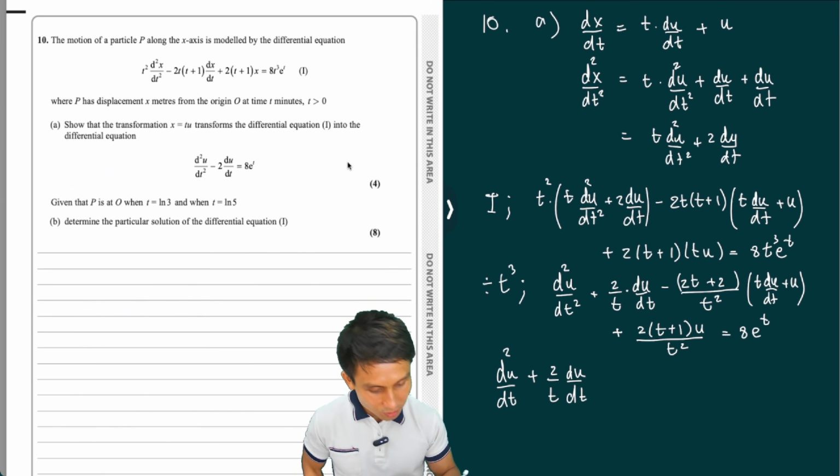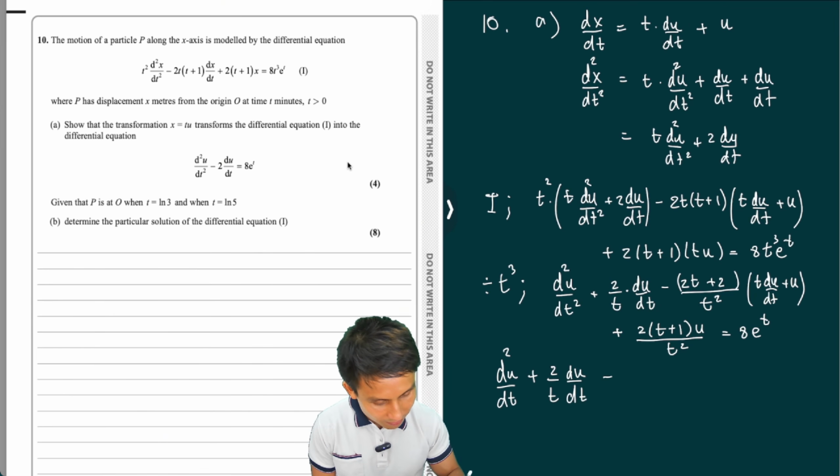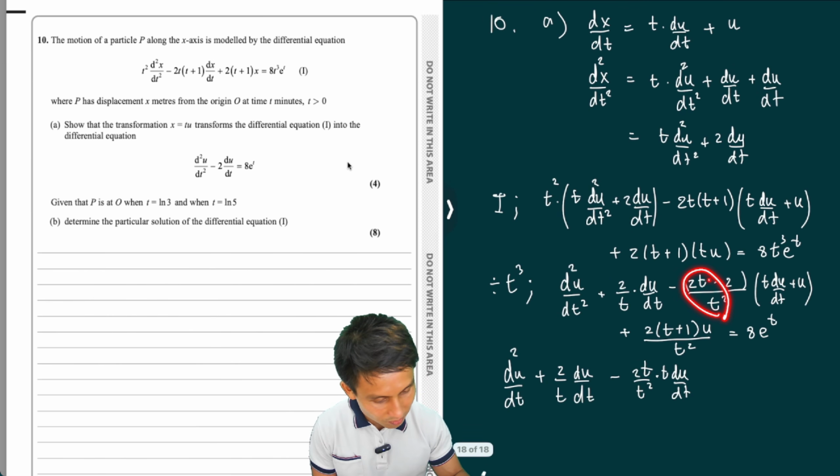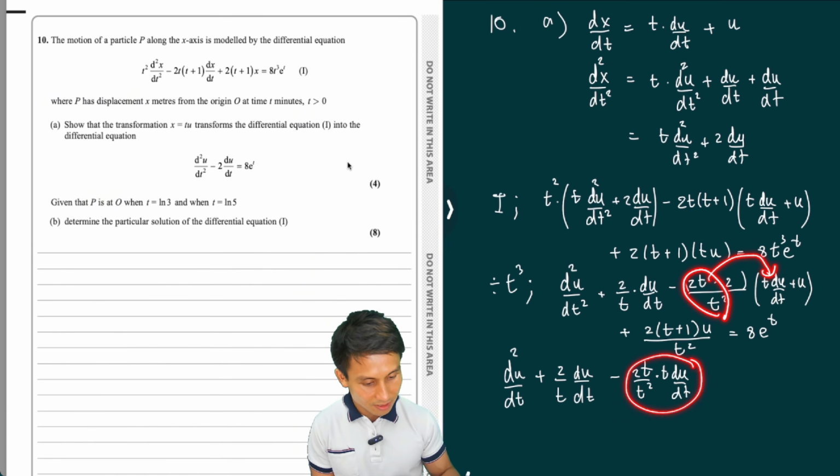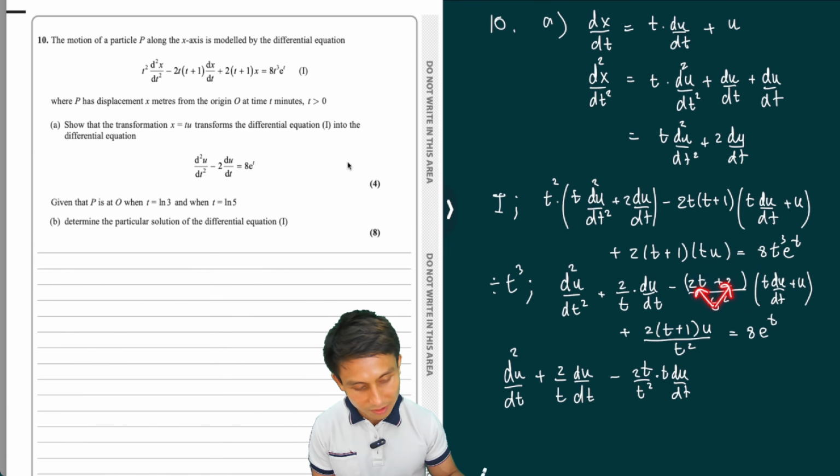So that will be minus 2t over t squared times t du by dt. That's just this bit multiplying with this. I split the fraction first, and then I multiply the first partial fraction inside.